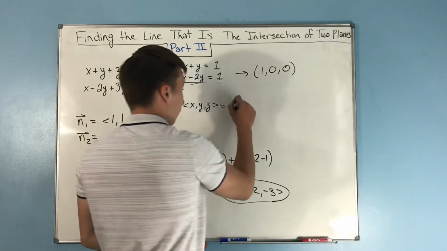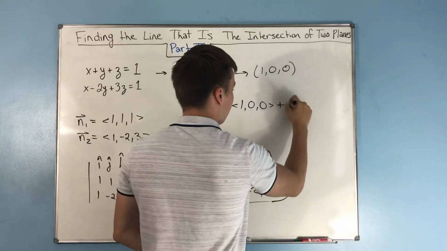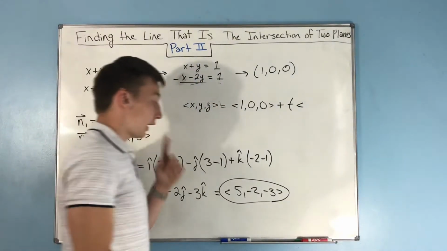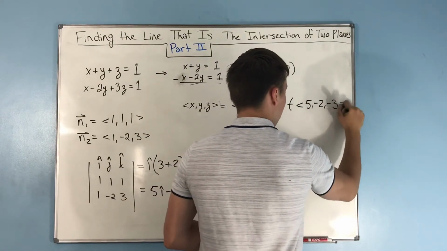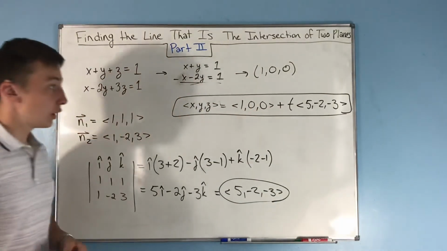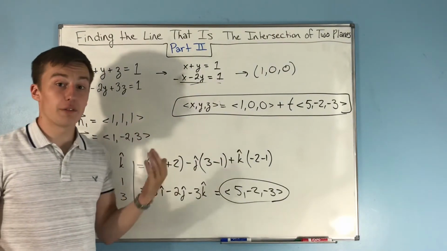That's just going to be the vector 1, 0, 0. And that will be plus the parameter t times our vector for direction. That's 5, negative 2, negative 3. And right there, you have your equation for this line. That is the intersection of two planes.